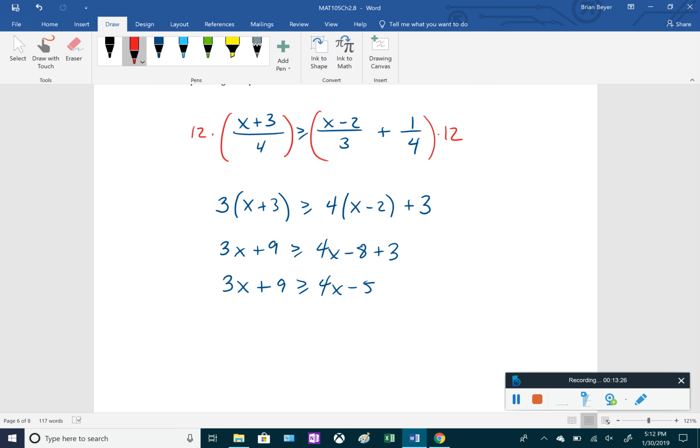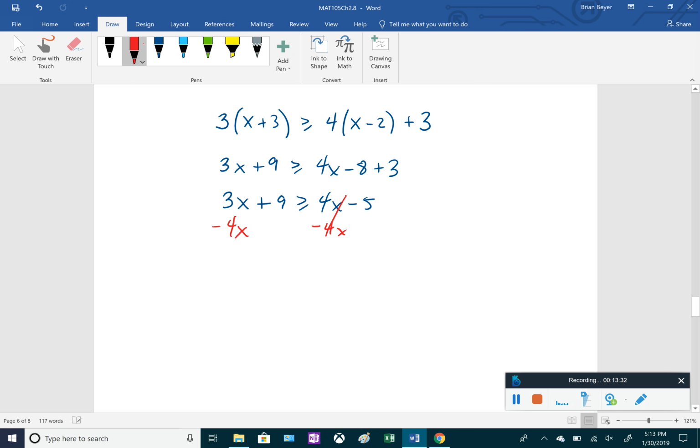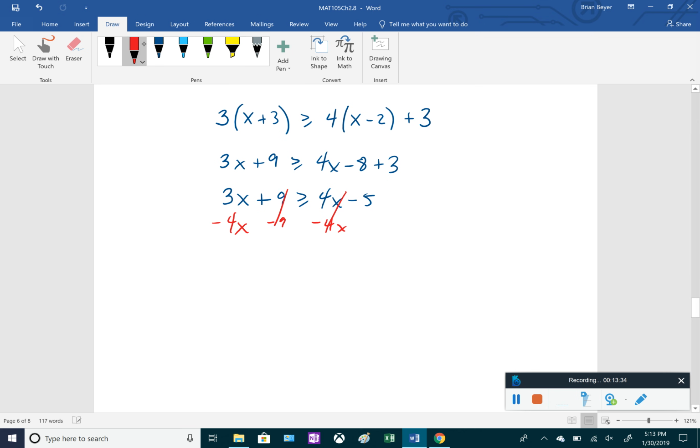And I'm going to get the variables on the left. You can put them on the right if you want. And I'm also just going to subtract 9 to get it to the right at the same time. So 3x minus 4x is negative 1x. Negative 5 minus 9 is negative 14.